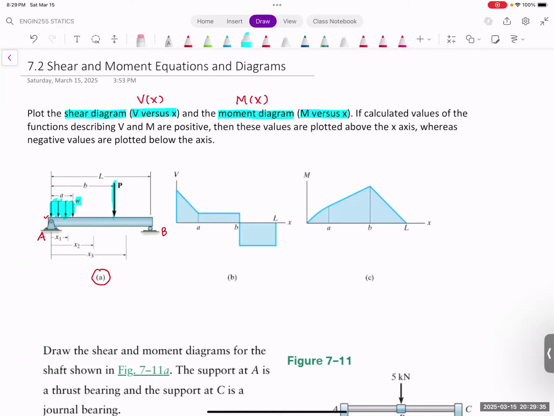So if you can plot this graph and this graph, then I can clearly use the drawing to identify the values at the different positions. This one is called a shear diagram. And this is the bending moment diagram, or sometimes we just call it moment.